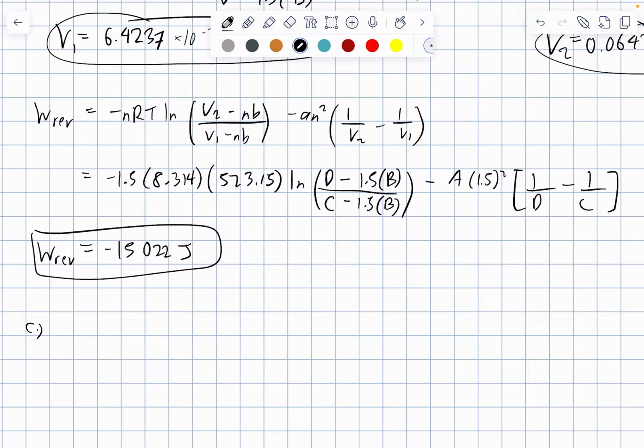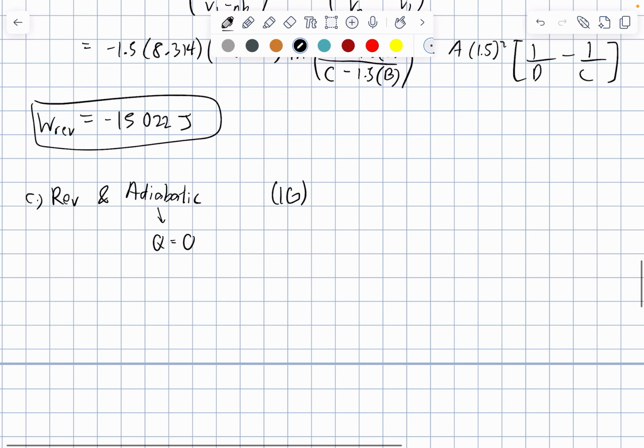How about the third condition? This is reversible and adiabatic. What does it mean if the process is adiabatic? This basically means heat transfer is 0, Q is 0. And in this condition, we assume that the gas is ideal. So there is a formula for this. Reversible and adiabatic.